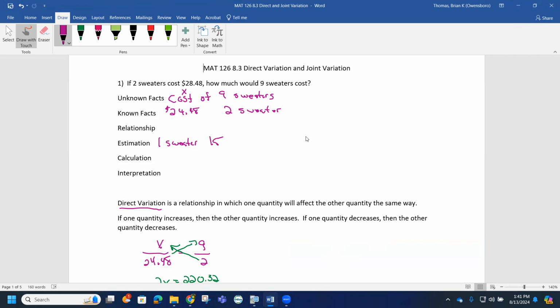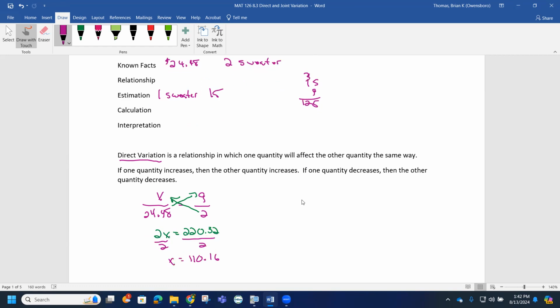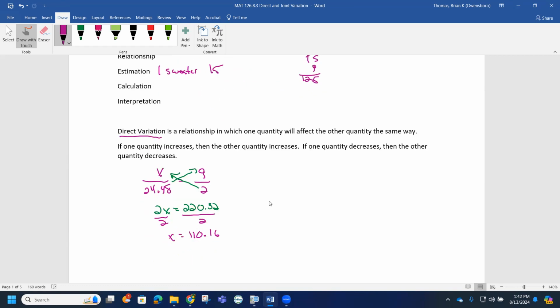So 15 times 9 is 125. Notice how I rounded up the costs there, so this answer should be a little bit more than what we had. So 110.16 seems to be pretty good.